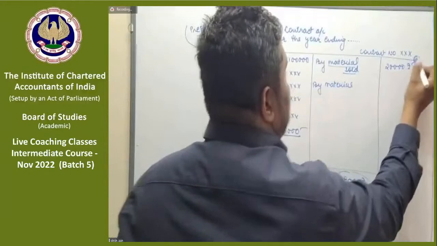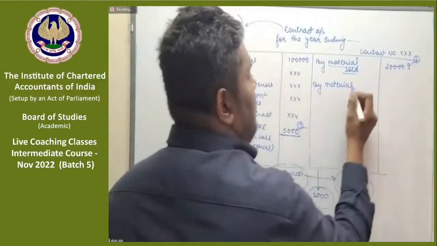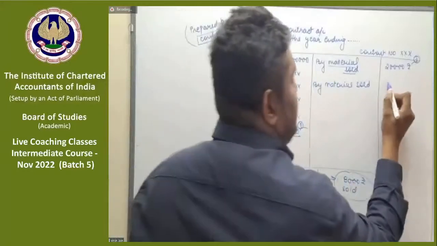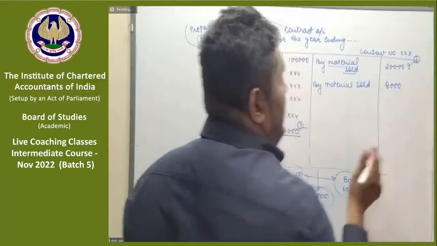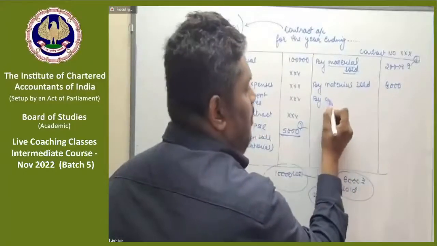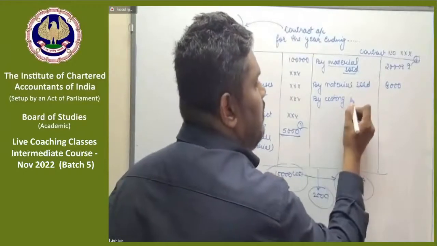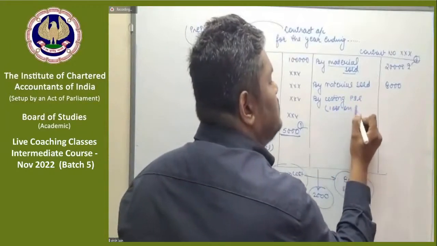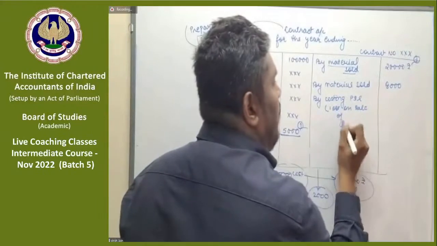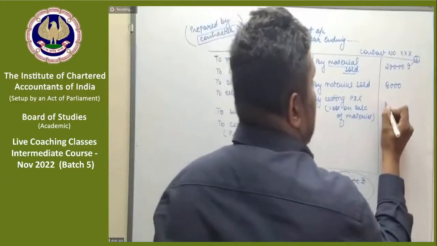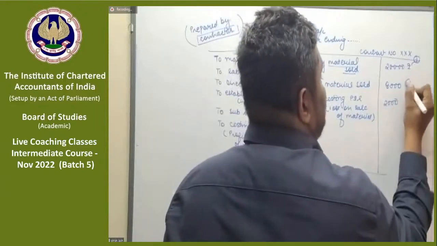This is the first case. By material sold, how much is it sold for? 8,000. There is a loss of 2,000, so it will be recorded here. By costing P&L, loss on sale of material, 2,000. This is situation number 2.